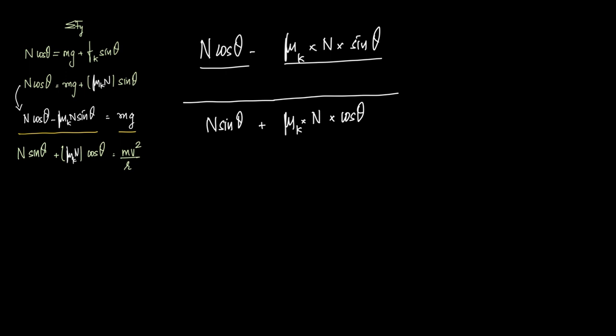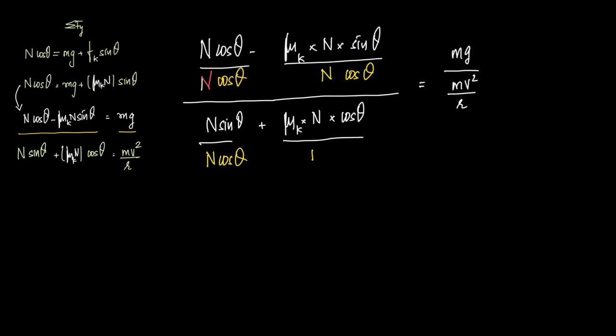Okay. Now the LHS remains the same, which is m into g divided by mv square by r. And here what I'll do is I'll divide this entire equation by n cos theta, this equation by n cos theta, this by n cos theta, and this one also by n cos theta.